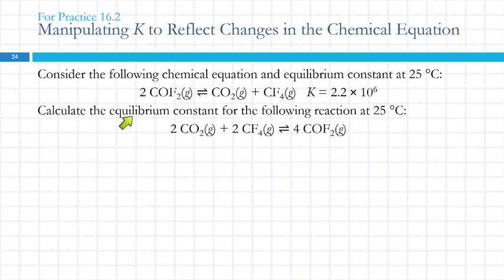So say calculate the equilibrium constant for this one. And again, we're going to look at how this equation was changed to make this equation. Yeah, the coefficients were multiplied by 2, and it's reversed. Everybody see that okay? The COF2 became the products. So that means we're going to take that equilibrium constant and invert it, so to the -1 power.